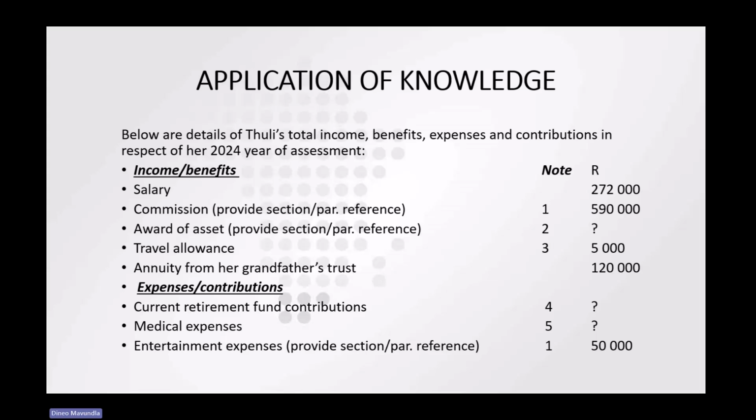So this would not form part of our remuneration. Had it been a different circumstance of her receiving that annuity, it would have formed part of the remuneration. But in this case, it's not from the employer-employee relationship that you would have had.